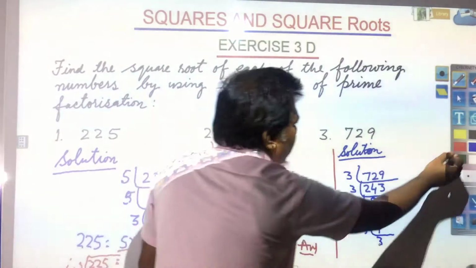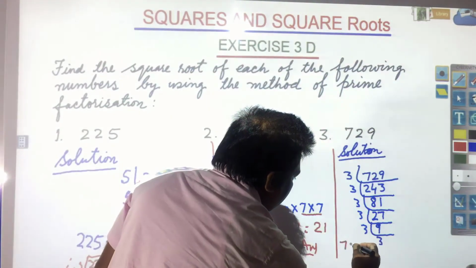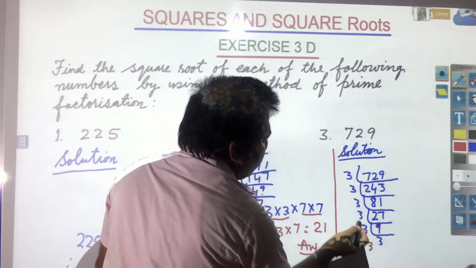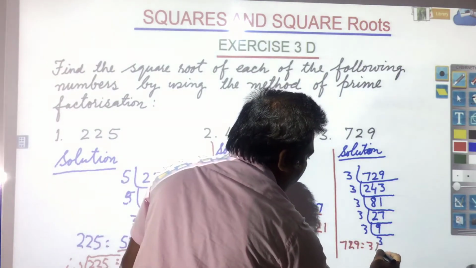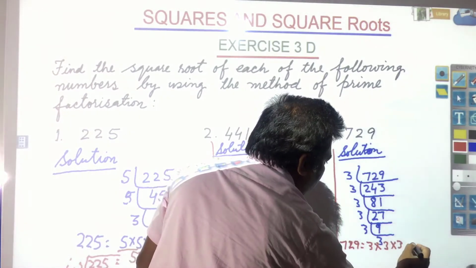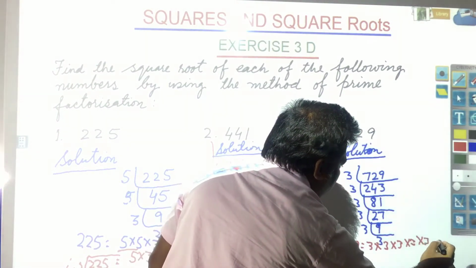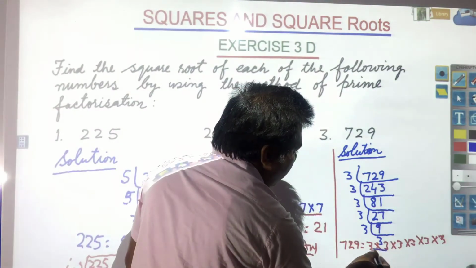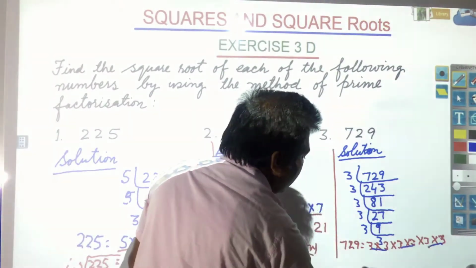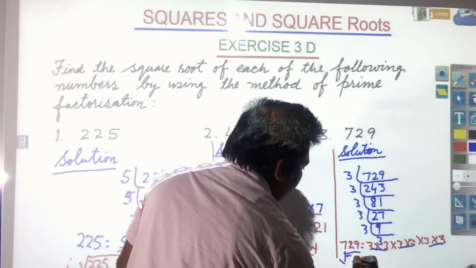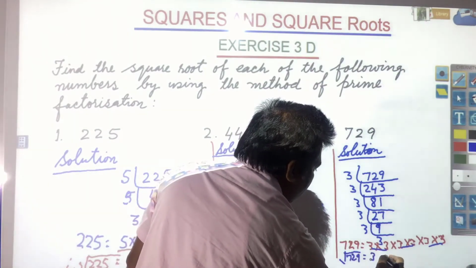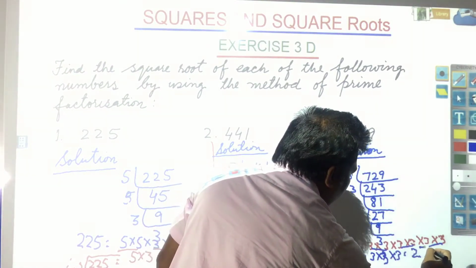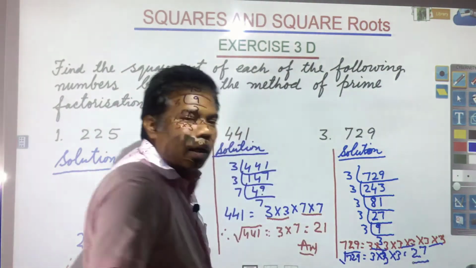So, your 729 can be expressed as 3, how many times? 1 2 3 4 5 6 times you have. 3 into 3 into 3 into 3 into 3 into 3. Now, how many pairs do you have? 1, 2 and 3. It means square root of 729 will be 3 into 3 into 3. It means 27 and this will be your answer.